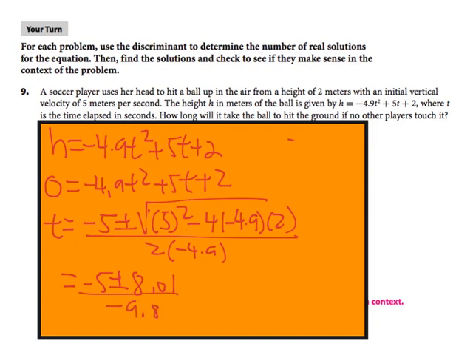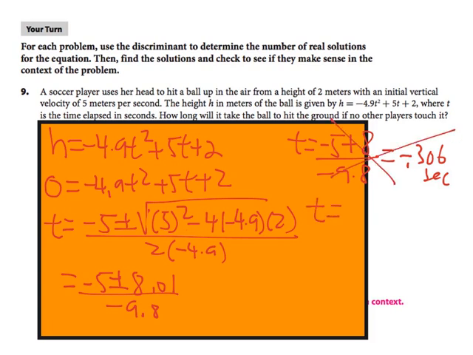So then our time would be negative 5 plus, I'm going to round up to 8, over negative 9.8. So this gives us a negative 3.036 seconds. Since time is positive, it cannot be negative, so we're going to cross that out.